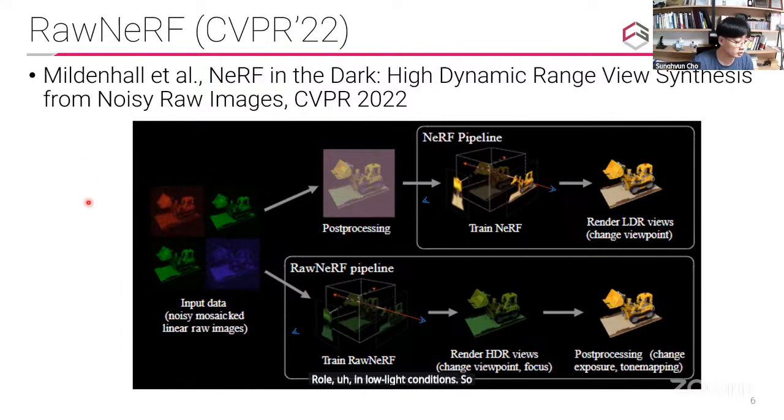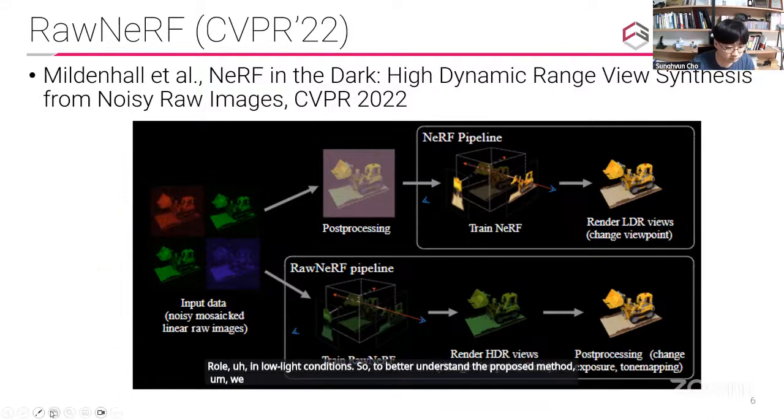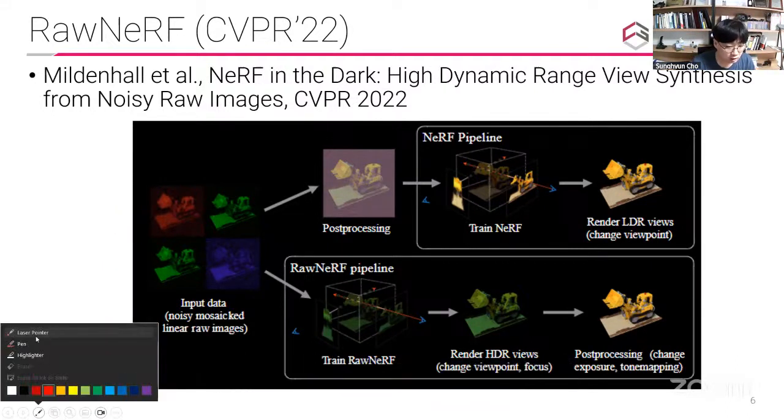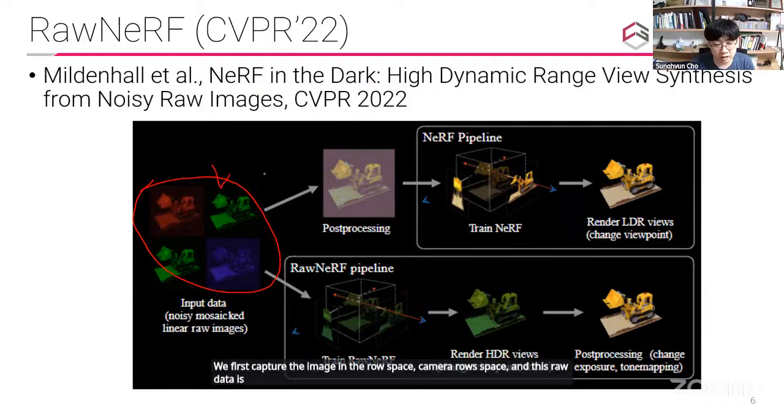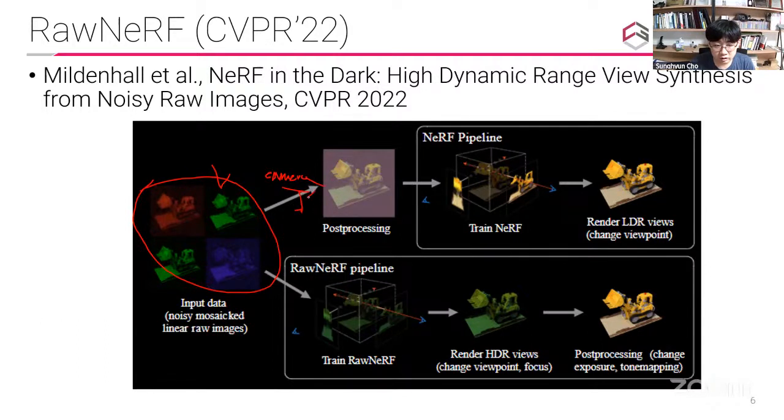To better understand the proposed method, this figure illustrates the key idea of RawNeRF. When you capture an image, we first capture the image in the raw space, camera raw space, and this raw data is processed by the camera ISP, and we have an sRGB image.